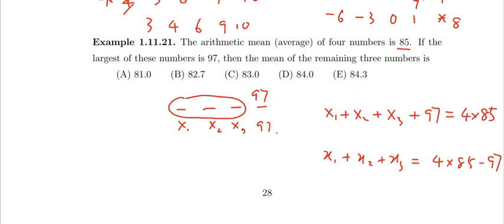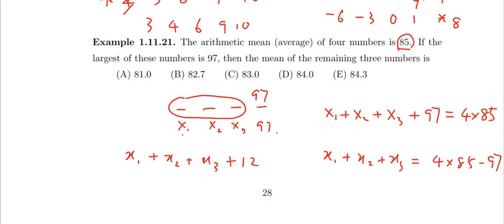Since 85 is too big, we can also use this way. We set the average 85 as 0. We still have these 3 numbers, each minus 85. Then 97 becomes 12.